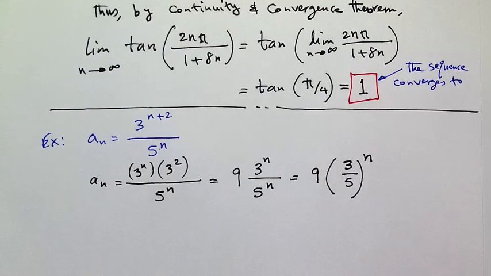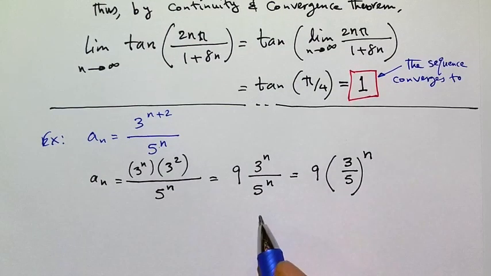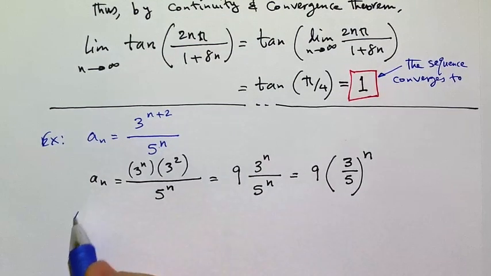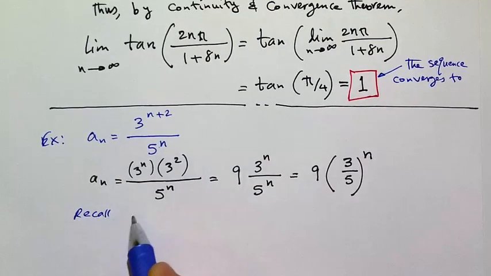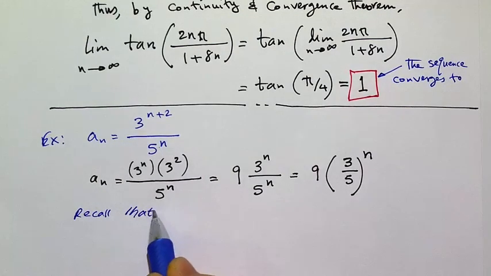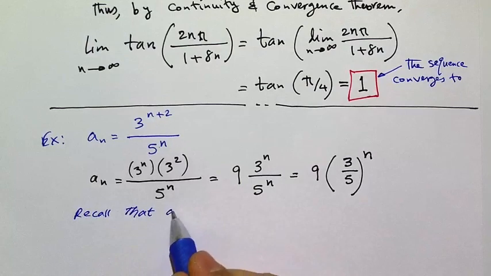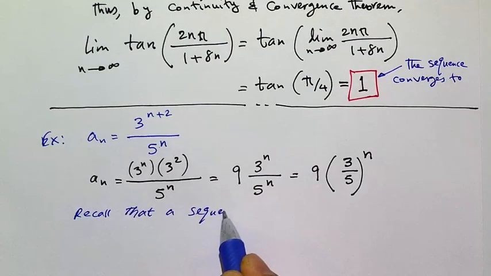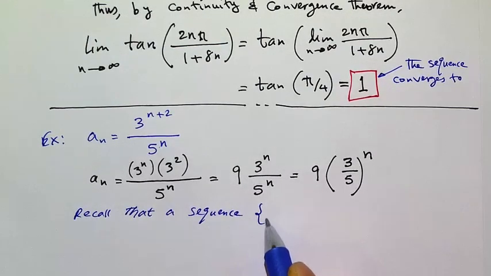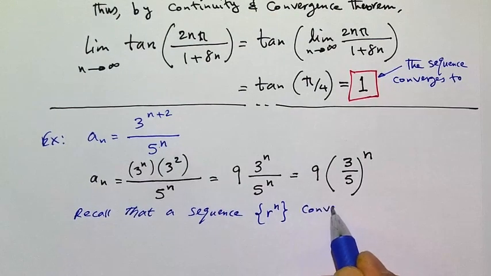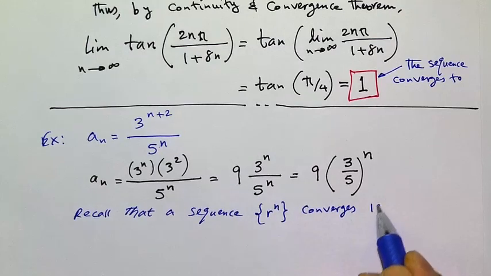Now recall one of the useful theorems we had, or definitions, that we just mentioned a few minutes ago: recall that a sequence r to some power converges if, do you remember what the condition was?